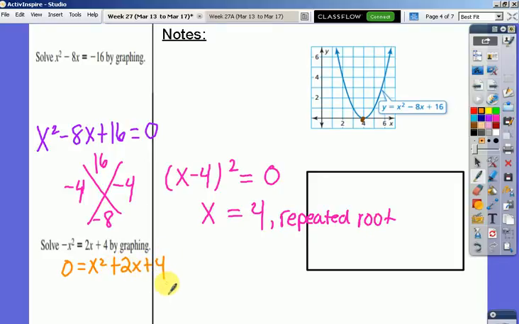Remember your symmetric property says you can switch that to x squared plus 2x plus 4 equals 0. Same thing. So what multiplies to be 4 and adds to be 2? Nothing, right? Because I just have 4 and 1, and I have 2 and 2. So this is unfactorable. What does that mean about the roots?